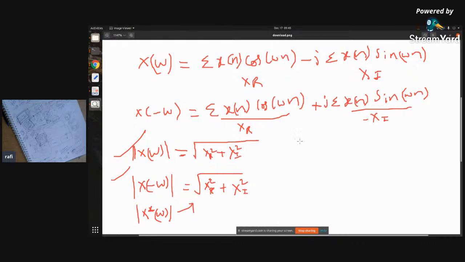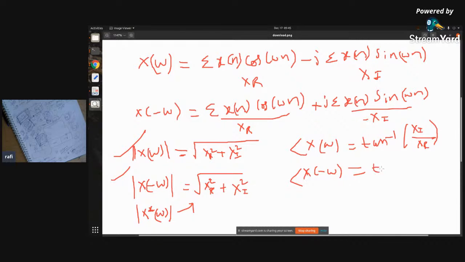Now what about the phase? The phase of x of omega is tan inverse of xi by xr, the imaginary part over the real part. Omega will be there, I am not writing it. And what is the angle of x of minus omega from the second equation?